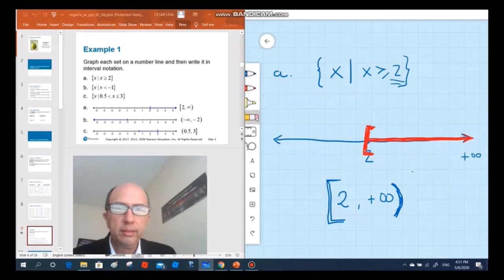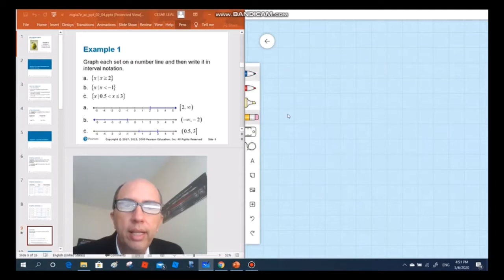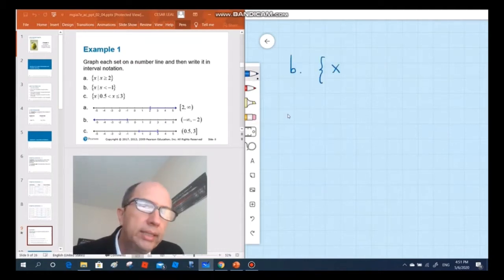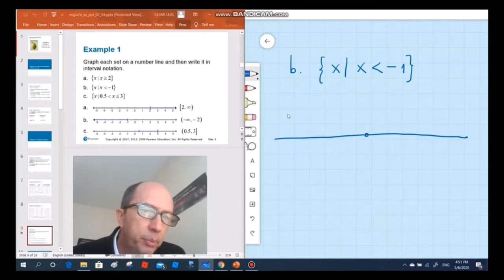The next one, let's do it quickly, now that we know how to do this, right? Letter B, the set of numbers x such that x is less than -1. So graph, draw a line, and there's a point here in the middle. This point is going to be -1.